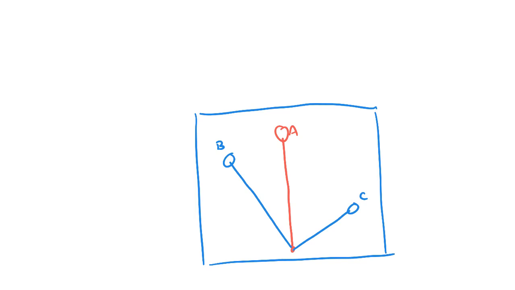They should add up to be the same. This distance and this distance should add up to be equal to A. Those two distances in green are the ones that come from the cosine of the angle. That's what you're trying to show.